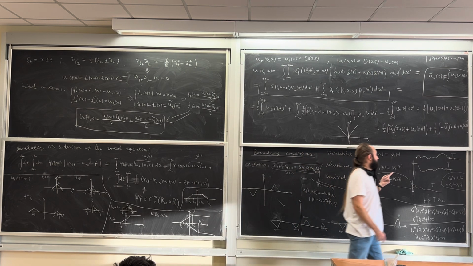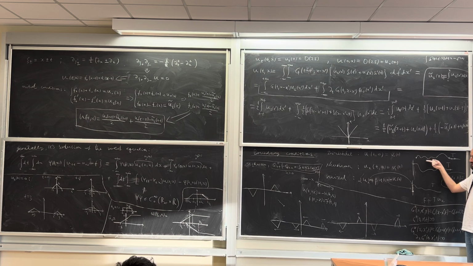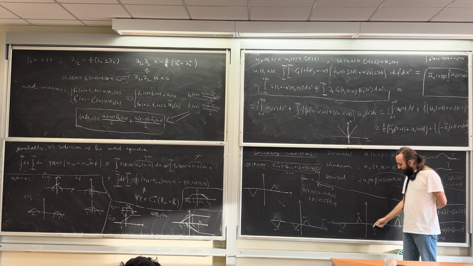So it means that we see a reflection of these waves at point 0, and for the Dirichlet boundary condition, this reflection happens with a flip of phase, saying that we have a minus f after reflection.